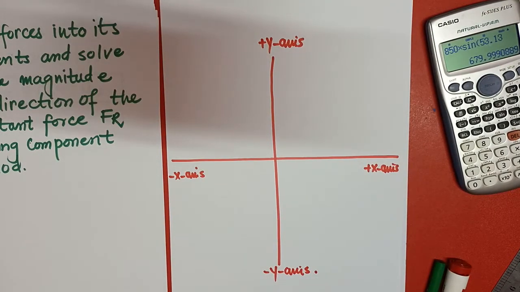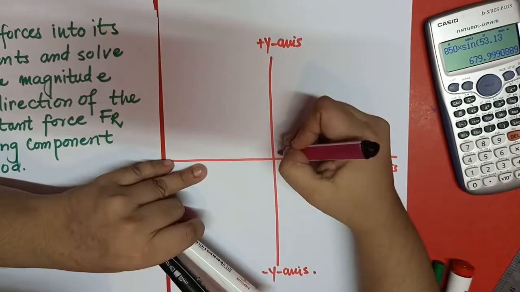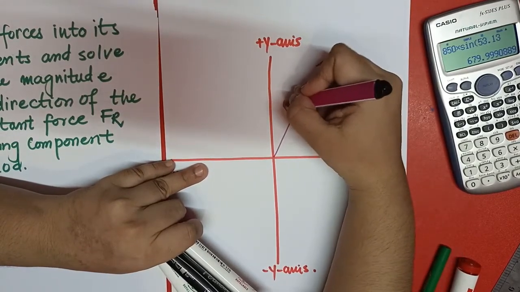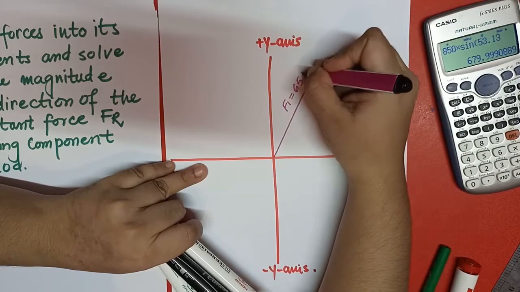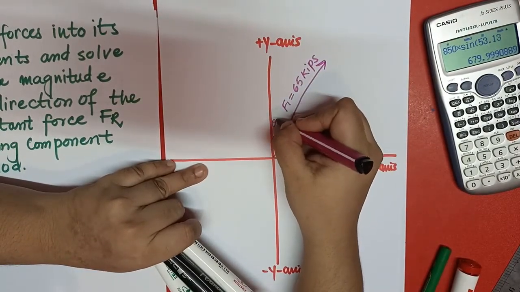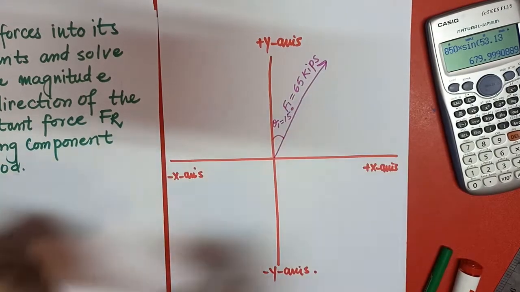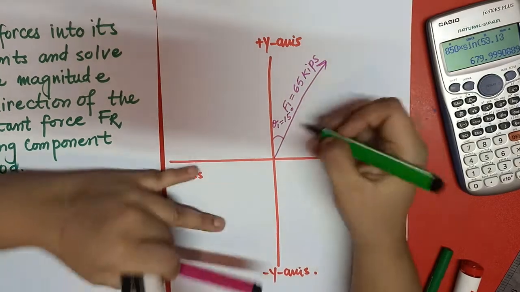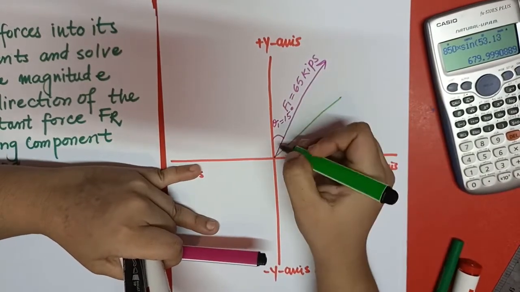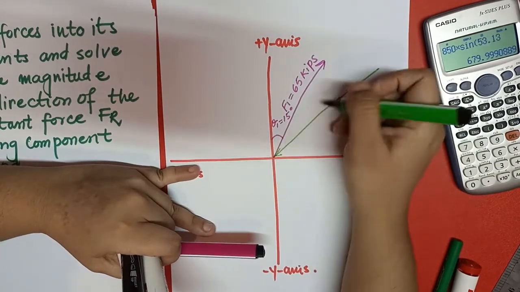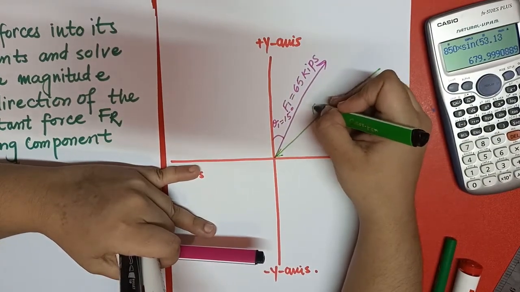For example, I have a force in the first quadrant, F1 equals 65 kips, and the angle theta 1 equals 15 degrees. Another force is acting downward and its value is more than 65, so the size of this force should be greater than F1.